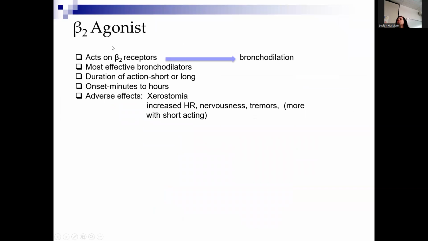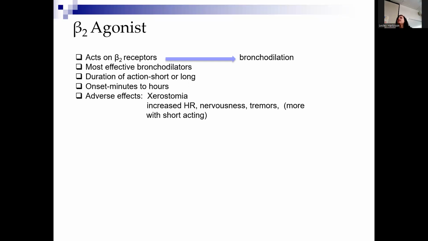So what's a little bit more of the mechanism? It acts on the beta-2 receptor, causing bronchodilation, the most effective bronchodilators. Thus most of the medications are going to be beta agonists. Duration can be short or long, as we already talked about. The onset should be fast, especially if it's a rescue inhaler, but it could be longer if it's a maintenance one. Once they're in a regimen, it would be acting all the time.